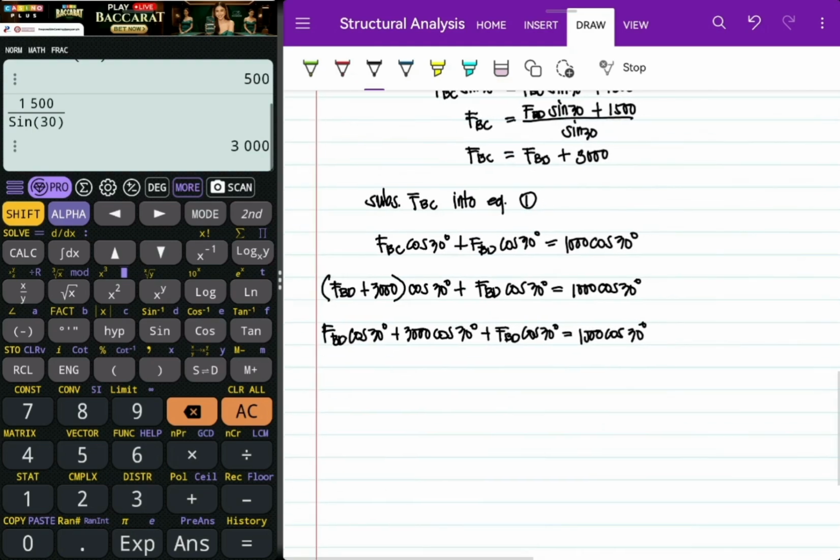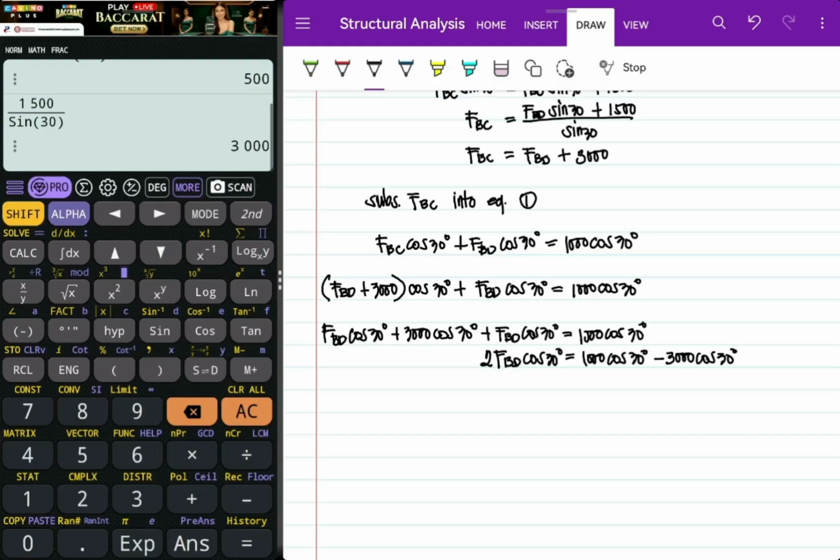Now, for this case, we arrange like terms, meaning combine those with variables and those with constants. And if you can notice, both are FBD cosine 30, so we will have 2 FBD cosine 30 degrees is equal to 1000 cosine 30 degrees minus 3000 cosine 30 degrees.